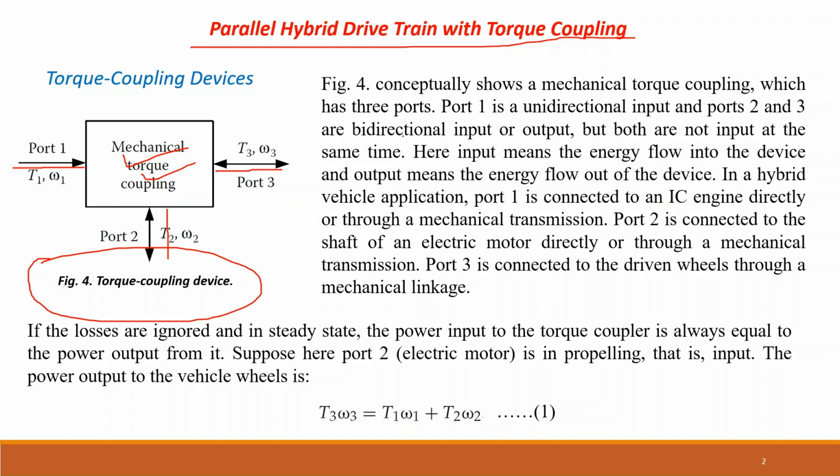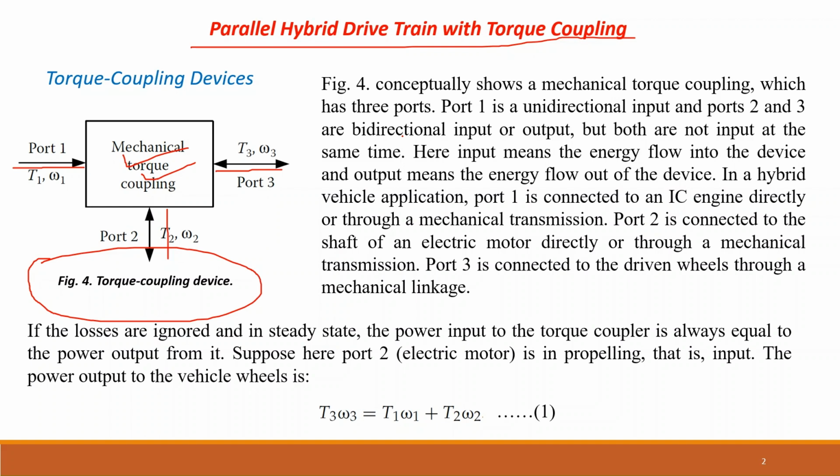Figure 4 shows the mechanical torque coupling device which has three ports. As mentioned, port 1 is a unidirectional input and ports 2 and 3 are bidirectional, input or output, but both are not input at the same time. Here, input means the energy flowing into the device, and output means the energy flowing out of the device.